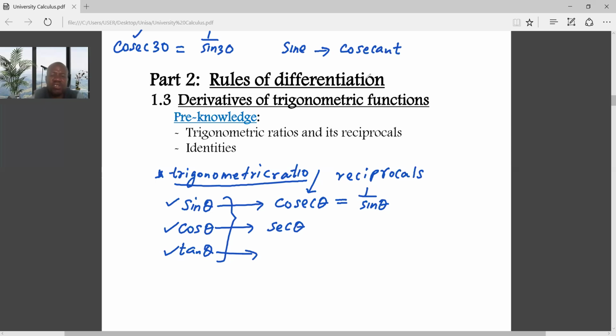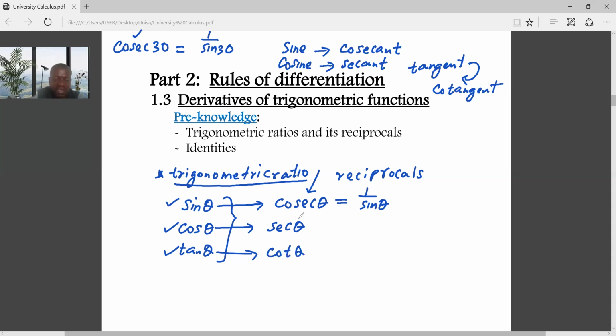Then we have cosine, and its reciprocal is a secant. Then we also have tangent, and its reciprocal is cotangent. In short, it's called cot theta.